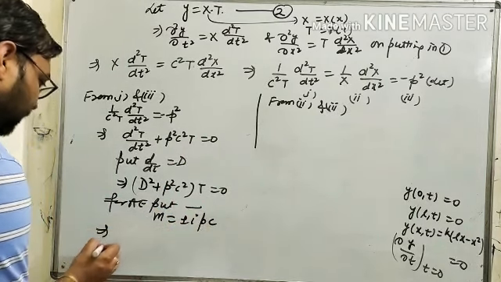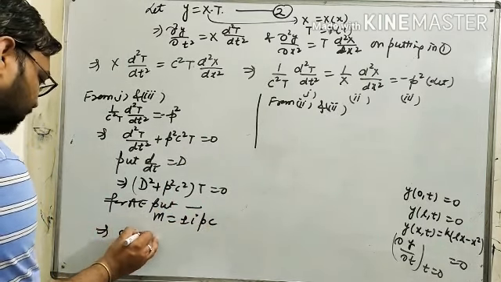So the roots are complex, so the CF is equal to c1 cos cpt plus c2 sin cpt, and PI is equal to 0. So the general solution is CF plus PI, or capital T is equal to c1 cos cpt plus c2 sin cpt.